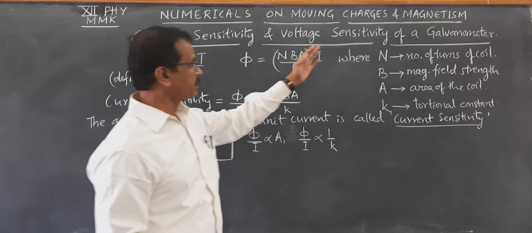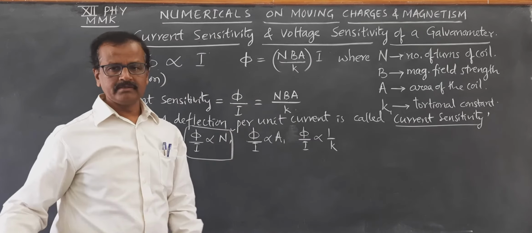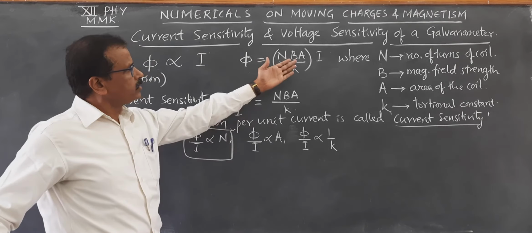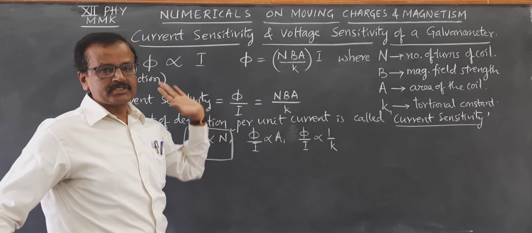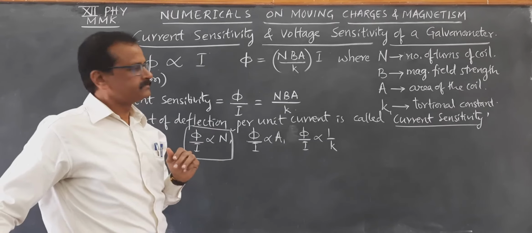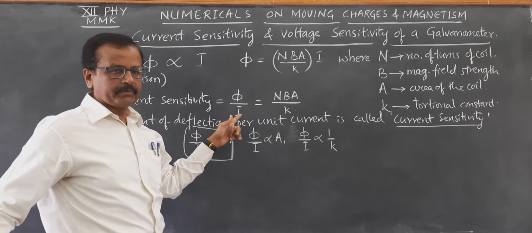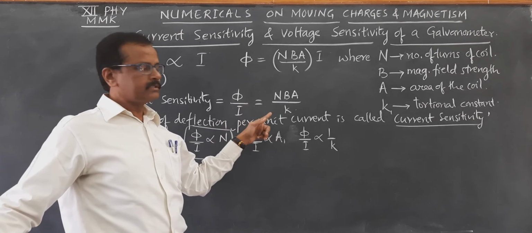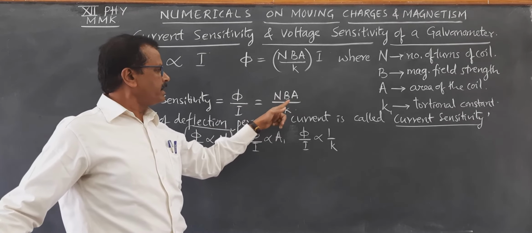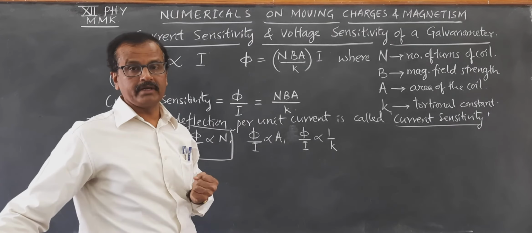Now let us learn what is voltage sensitivity. From the same equation, we can get the voltage sensitivity by dividing resistance on both sides. If we divide resistance on both sides of this equation of current sensitivity, phi by Ri is equal to NBA upon Rk, where R is the resistance of the coil.